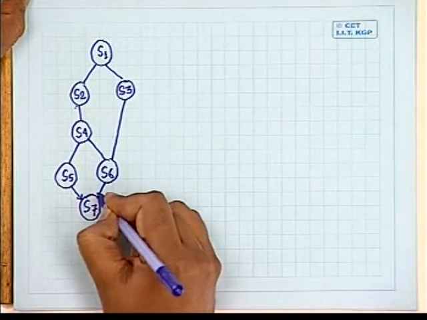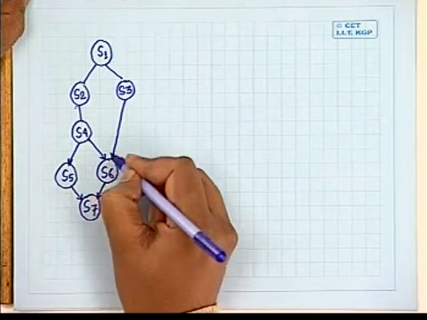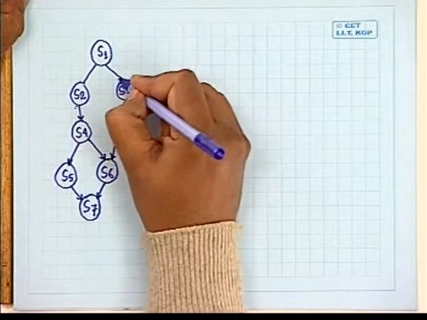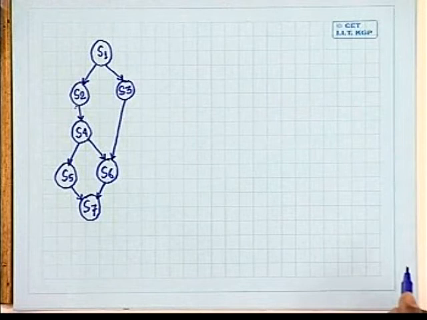This was the precedence graph for which we had written a concurrent program using fork join construct.